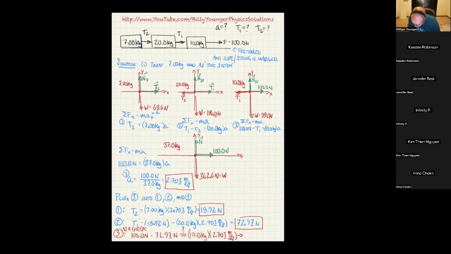Now, 100 minus 72.97 is going to give me 27.03. And then, of course, if I multiply 10 times 2.703, I think you can see what we get there is clearly 27.03. So this checks.